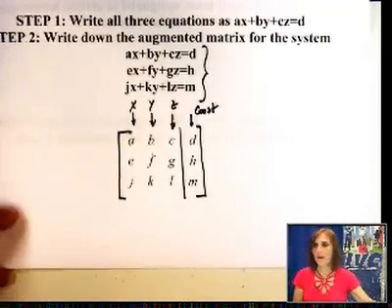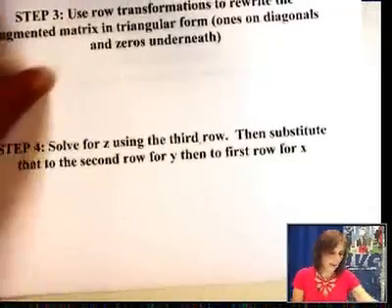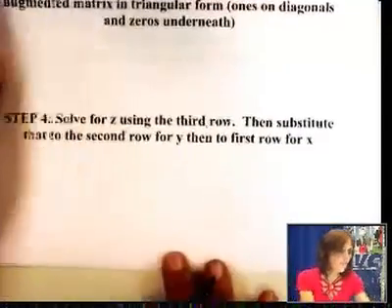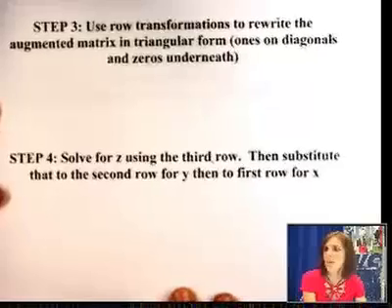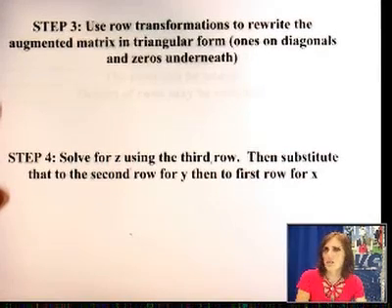All right, this is what you do. Use row transformations to rewrite the augmented matrix in triangular form, ones on the diagonal and zeros underneath.